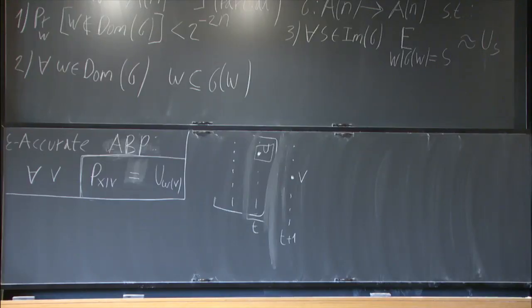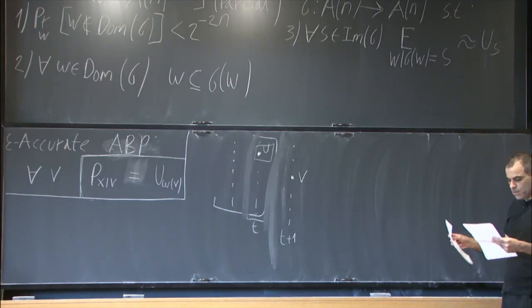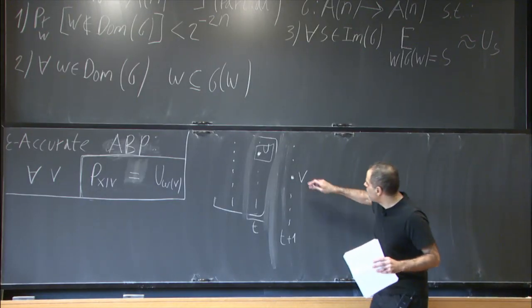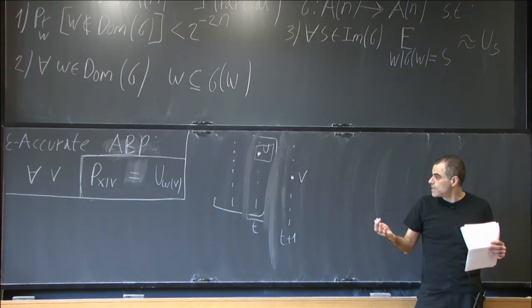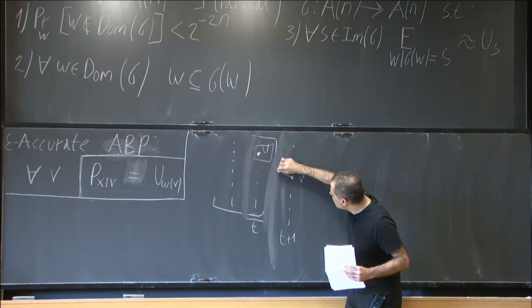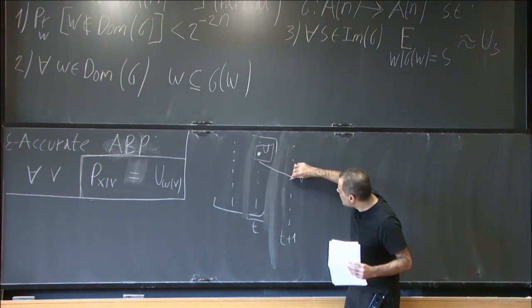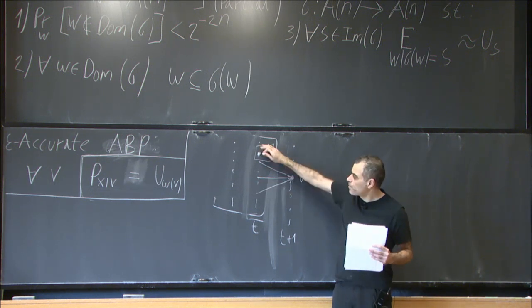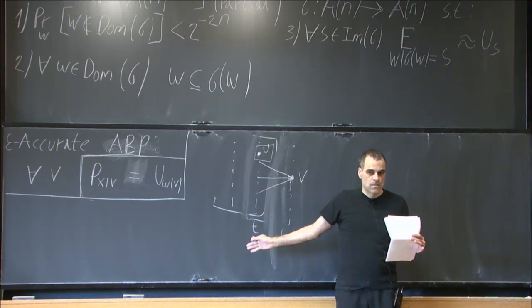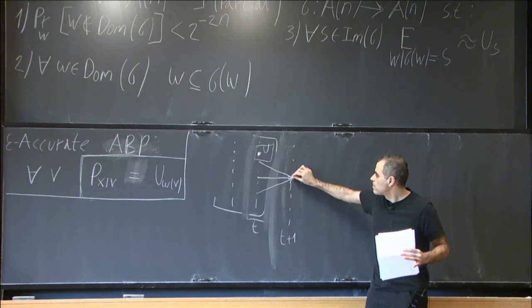Okay, so let's take one vertex V in the next layer, and this vertex has many edges going into it from the previous layer. Okay?